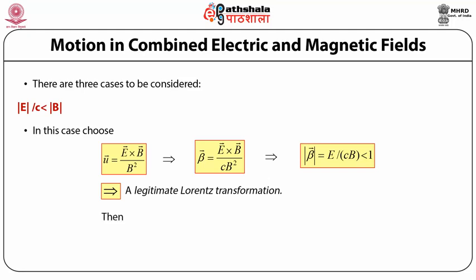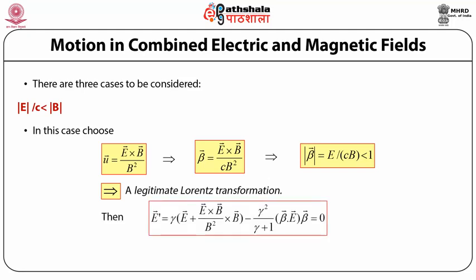Then in K dash we have E dash equals gamma into (E plus (E cross B by B squared) cross B) minus gamma squared by (gamma plus 1) into (beta dot E) into beta, which equals gamma into (E plus (E dot B) B divided by B squared minus E) minus gamma squared by (gamma plus 1) into (beta dot E) into beta, which equals 0.